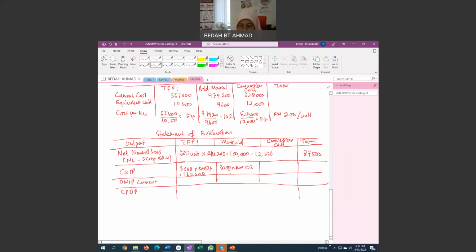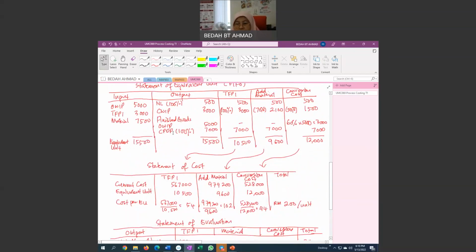Here is 214,200. And here is 3,000 multiplied by RM44, so it is 66,000. So altogether it is 442,200.